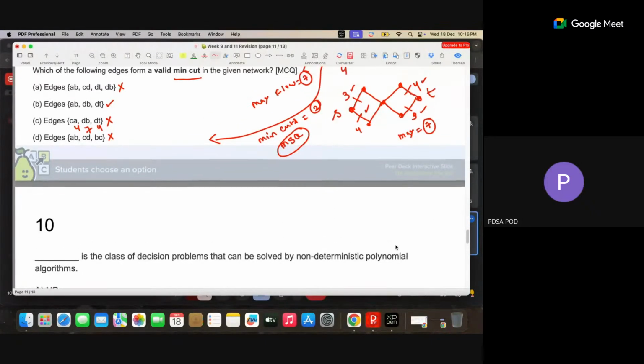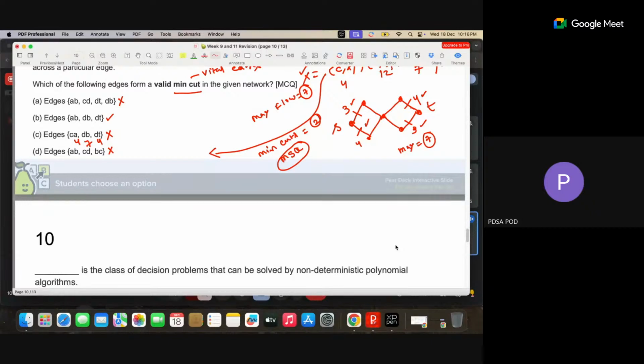Whenever they want to identify the classification of problems, first you should understand reductions. Just quickly, I'm going through reductions. A bipartite matching problem can be solved through network flows.